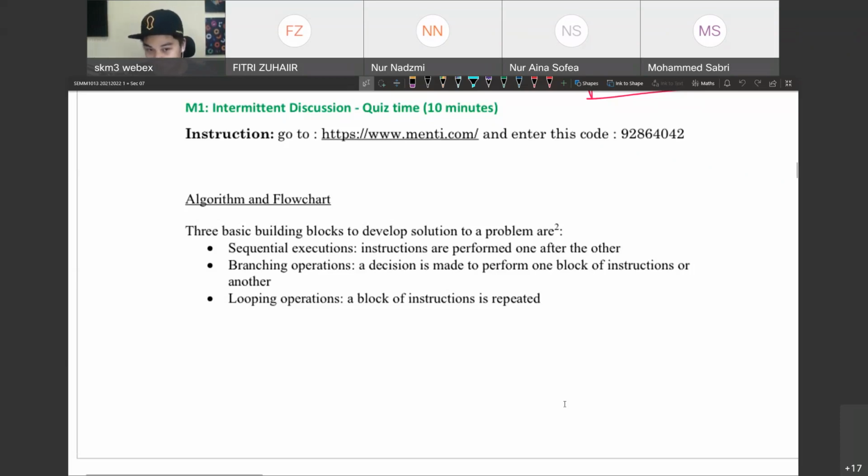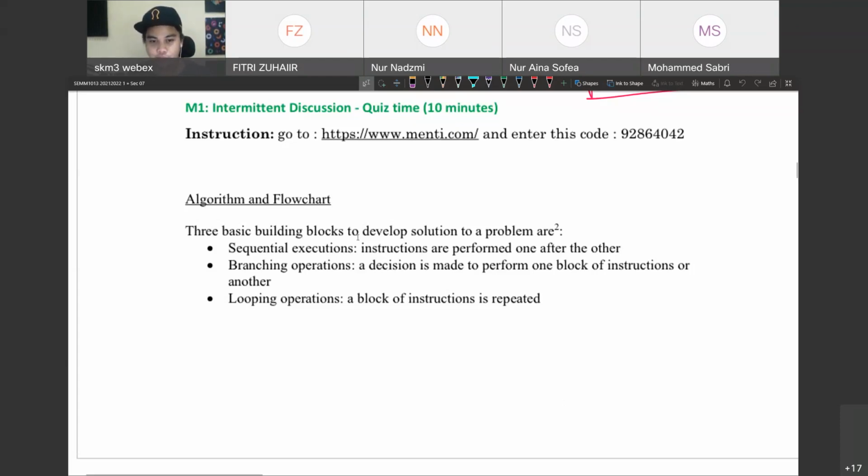As well as the flow chart. Sometimes people look at the algorithm as very difficult because it contains certain words, the keywords. So the flowchart is the illustration. You can look at the flowchart and understand clearly in terms of illustration.